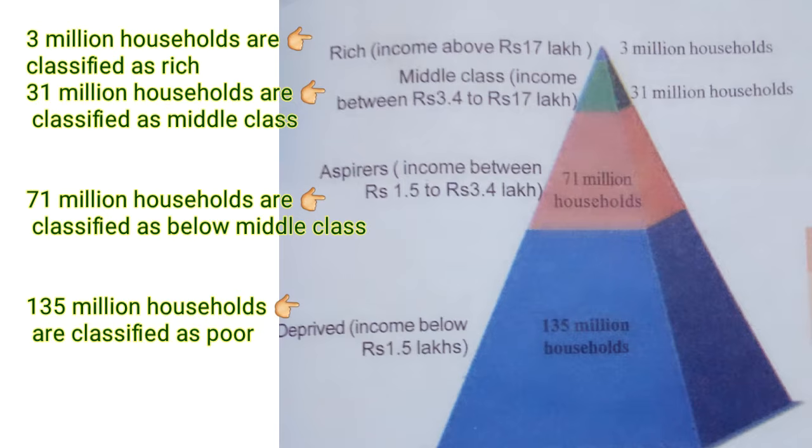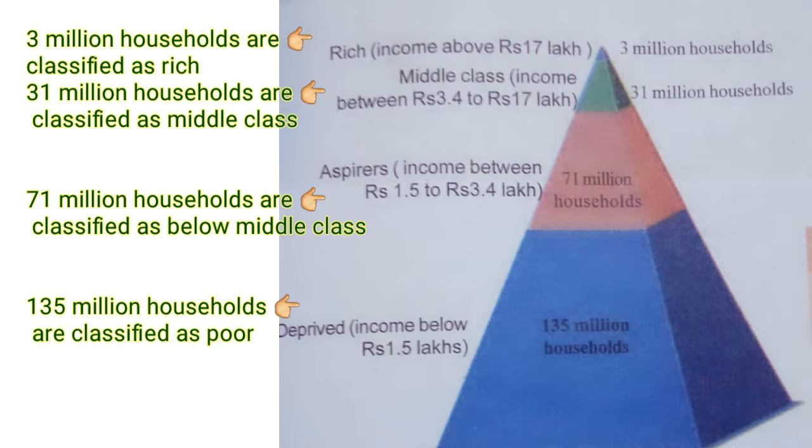So here 135 million households are poor. It clearly shows that there are a number of poor people in India. So India has been called a developing country for decades. As per the 2010 survey, 135 million households are poor, deprived.